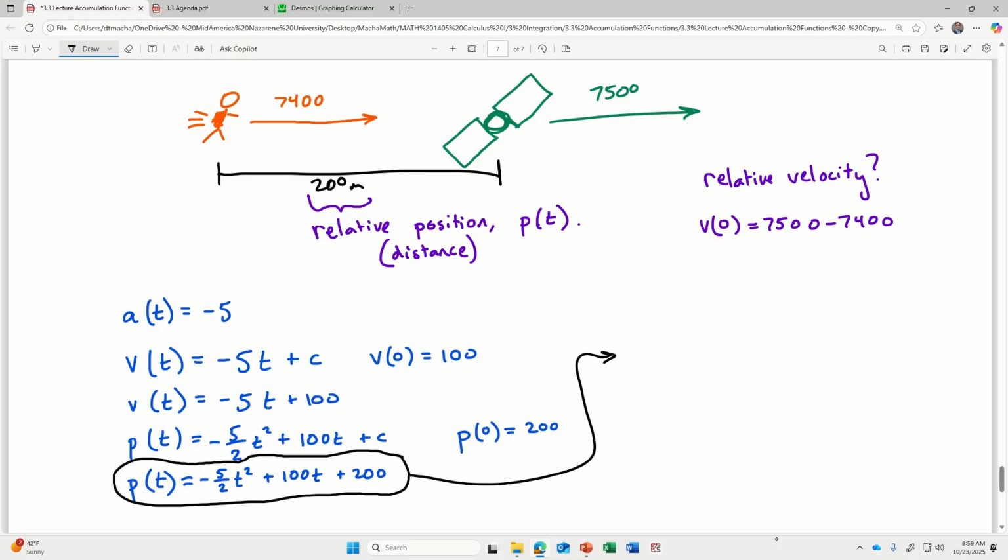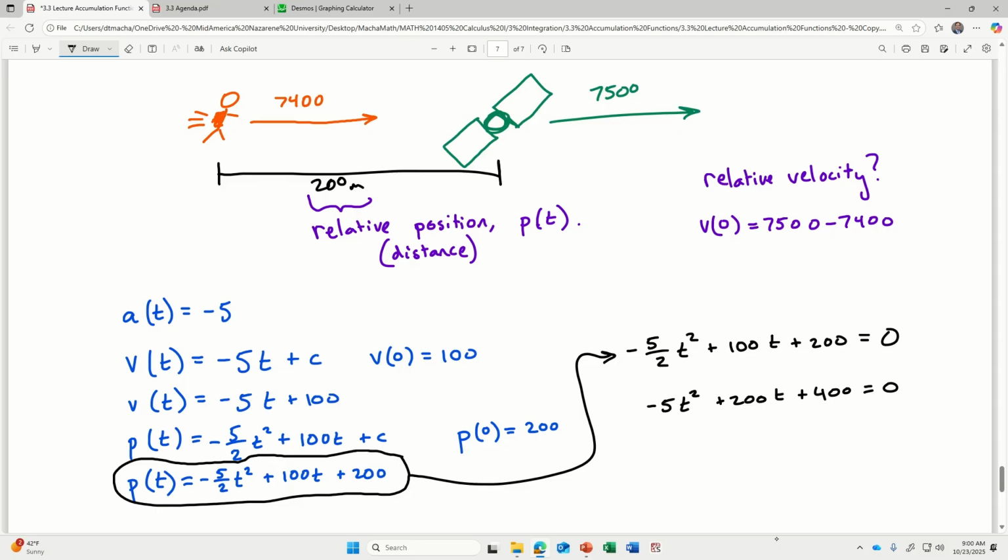So if I want to know when do these objects collide, I'm basically asking when does the distance function equal 0? So I'm going to multiply everything by 2, because everybody hates a fraction.